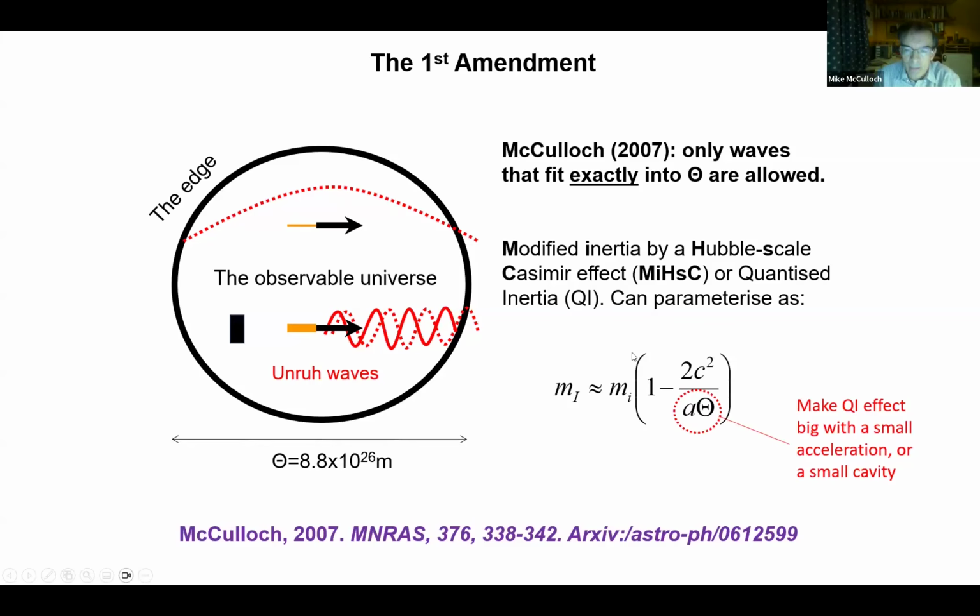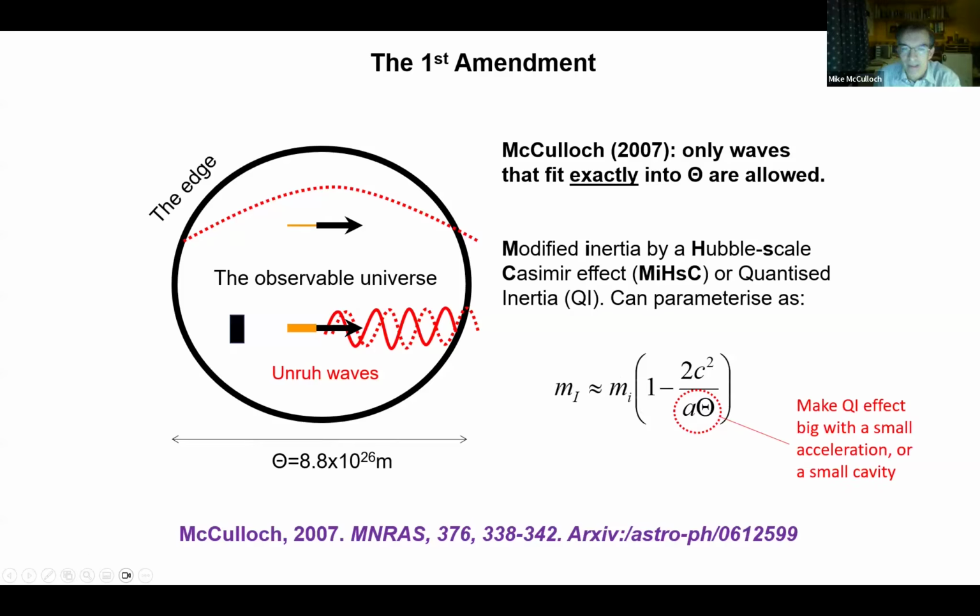So in this way, you can derive this formula for the modified inertial mass. The new inertial mass of the object is given by the original one times this factor, 1 minus 2c² divided by the acceleration of the object times the cosmic diameter, this capital theta here.